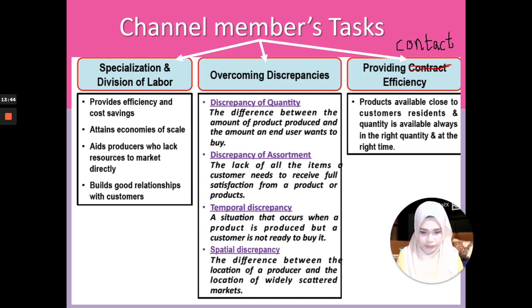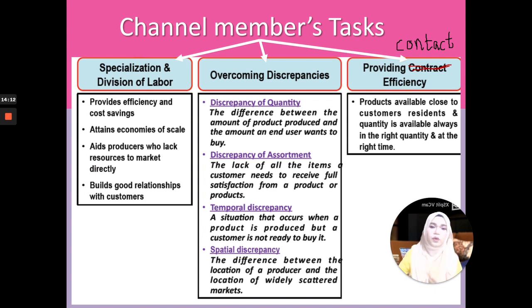But my factory produces in large quantity. In order for me to earn profits, I can't afford to sell only one item to one customer. What I can do is sell in large amounts to the wholesaler or the retailers. So that is when the channel member, a retailer for example, will buy in that large quantity and put it in their fridge.